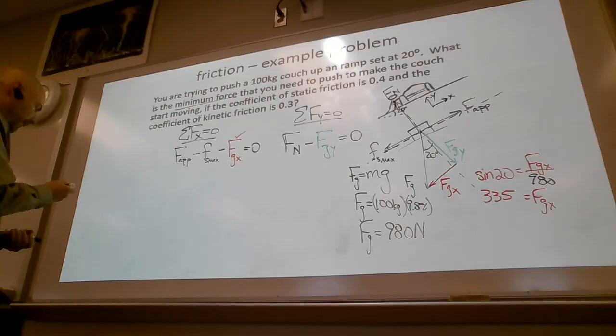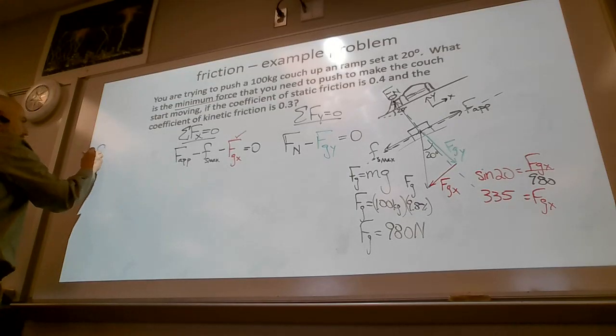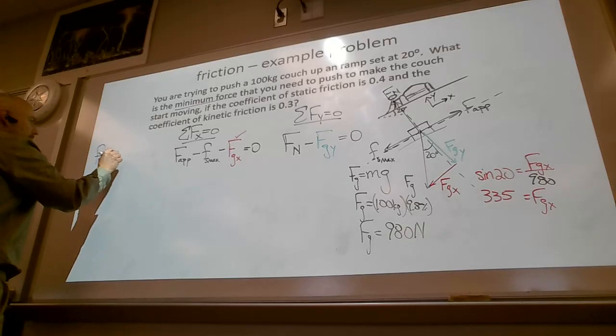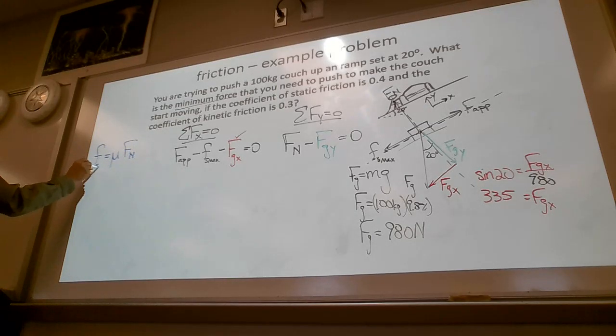I've been given the coefficient. So I'm probably going to use this equation here. Okay. Looking for this. I've got that coefficient, static friction, normal force. Do I have it?